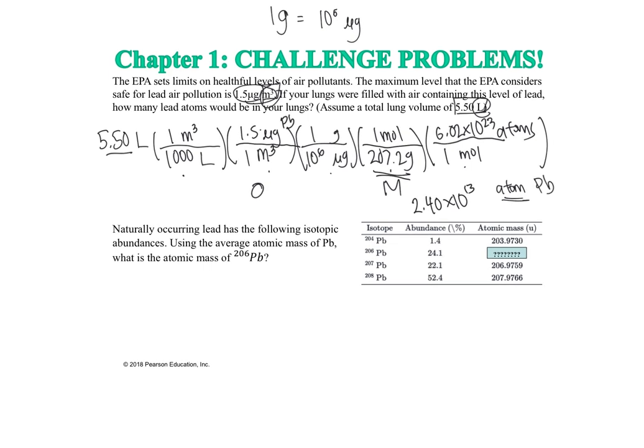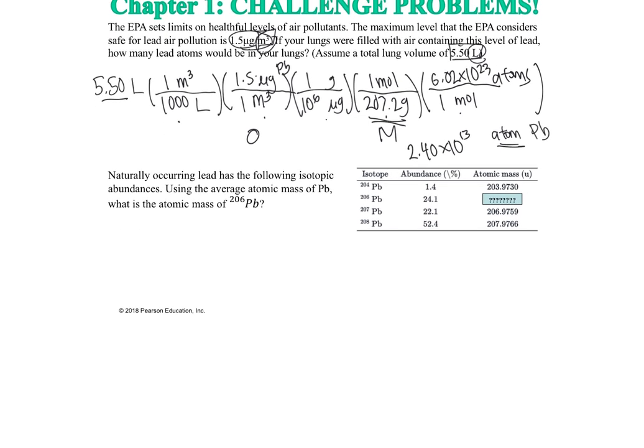Okay. So this next question, still following lead, but now we're dealing with abundance. It says, naturally occurring lead has the following isotopic abundances. Using the average atomic mass of lead, what is the atomic mass of lead-206? So we have all of these different abundances here and the isotopes, but we don't know the atomic mass of lead-206.